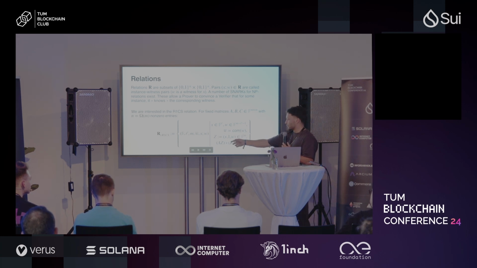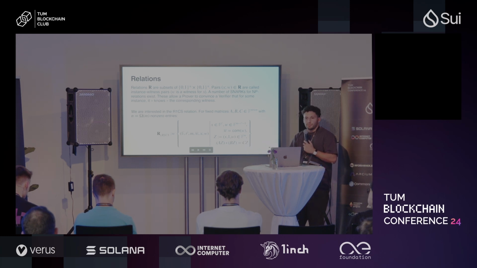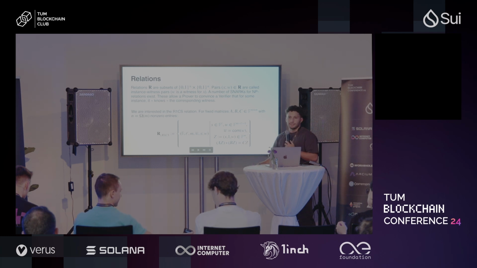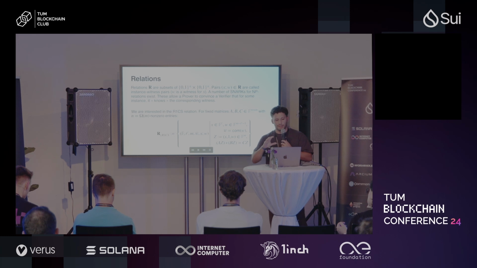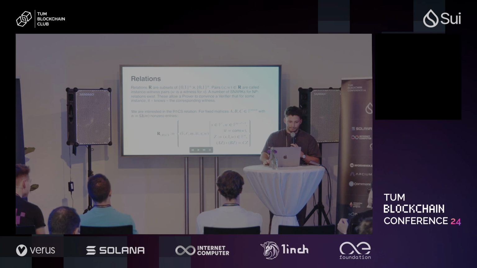This is the multiplication of Az, then you take the component-wise product, or Hadamard product, with Bz, and this should be equal to Cz for the matrices A, B, C that we've introduced. And this is a modification of the R1CS relation where we commit to the witness. So in the instance, you also have a commitment to the witness. That's the relation we're talking about.